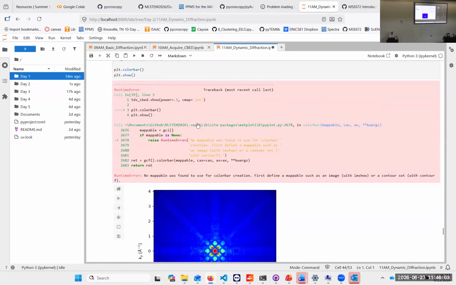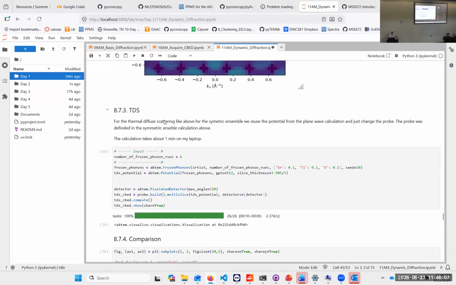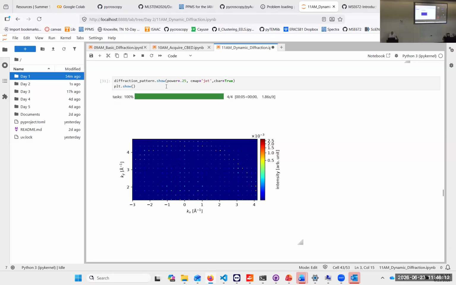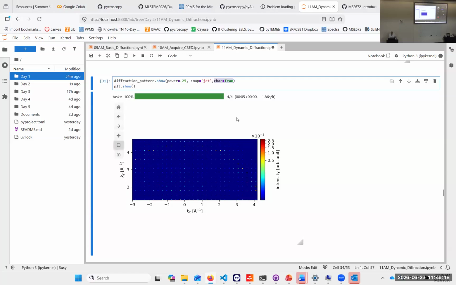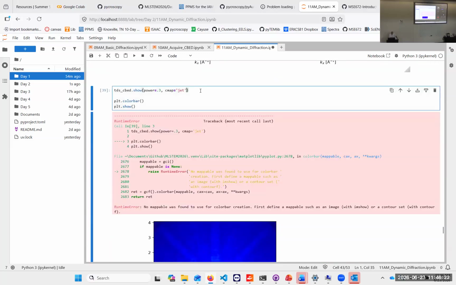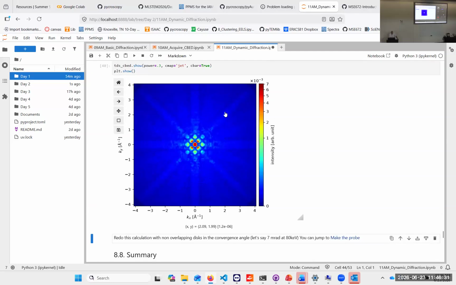Still have no color bar here. How did I do that before? Oh, cbar true. That's easy. So here we are.